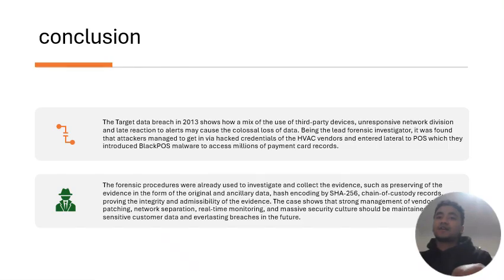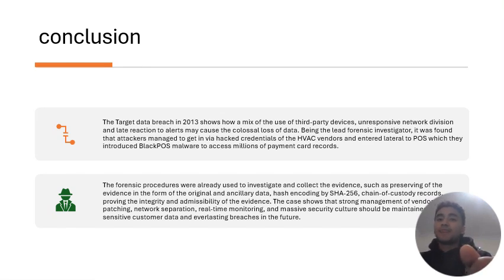At last, the conclusion: the Target data breach in 2013 shows how a mix of the use of third-party devices, unresponsive network division, and late reaction to the alerts may cause the loss of data.